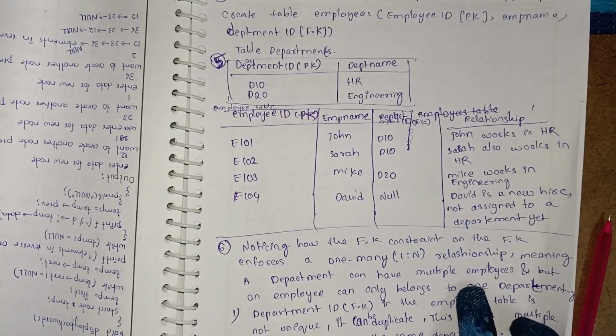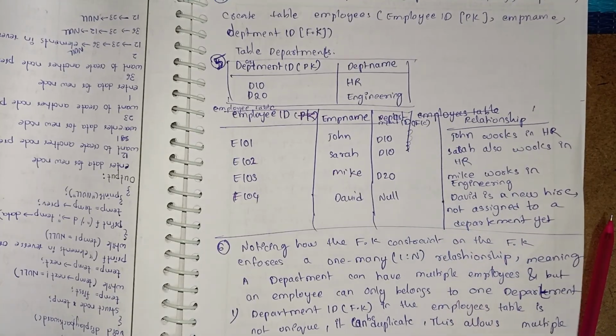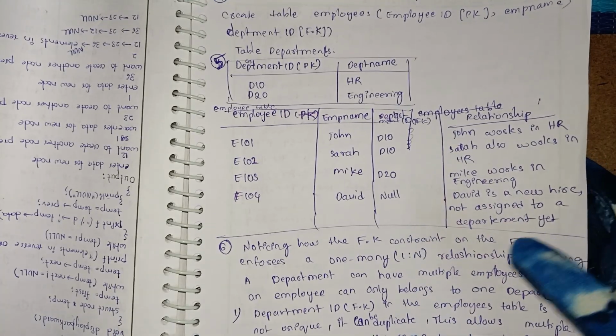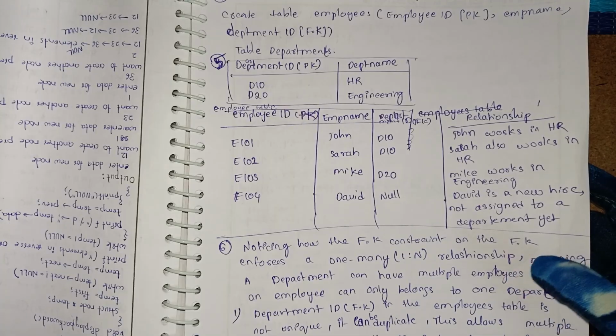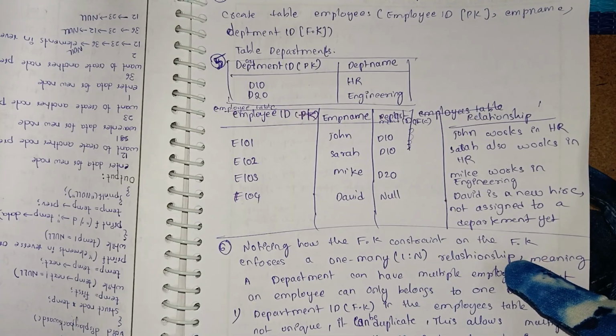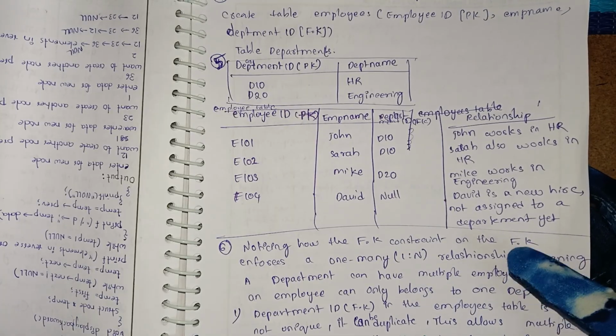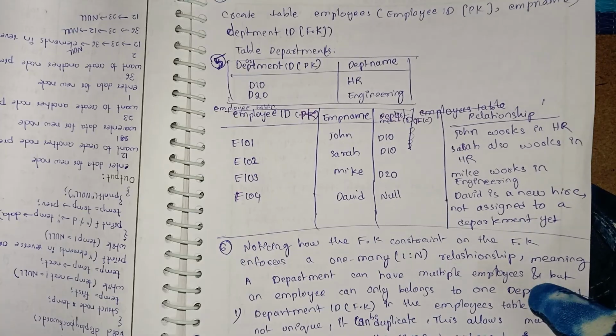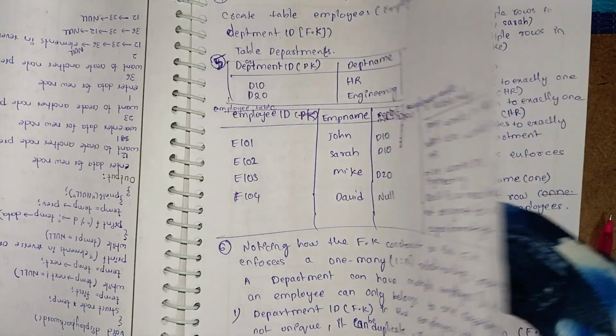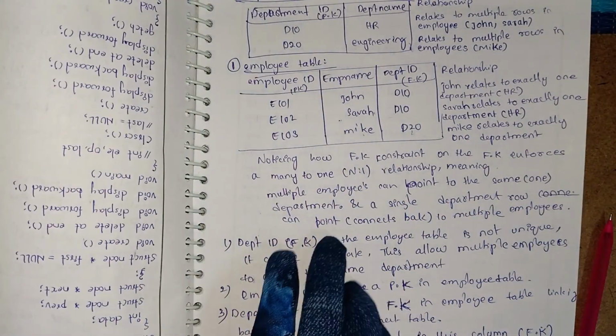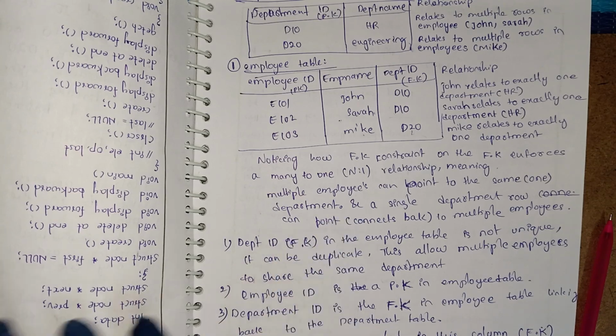So this is a totally opposite statement. The first statement goes down and the second statement goes up. So we got the many to one.